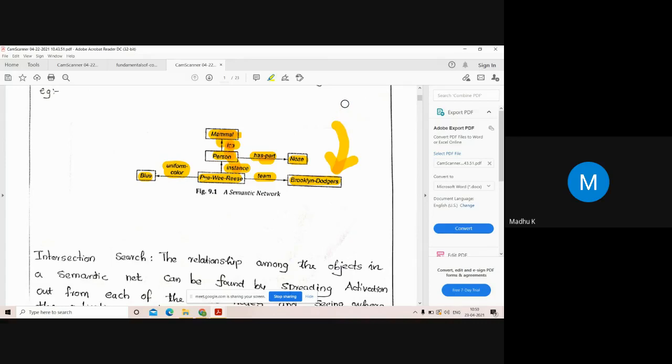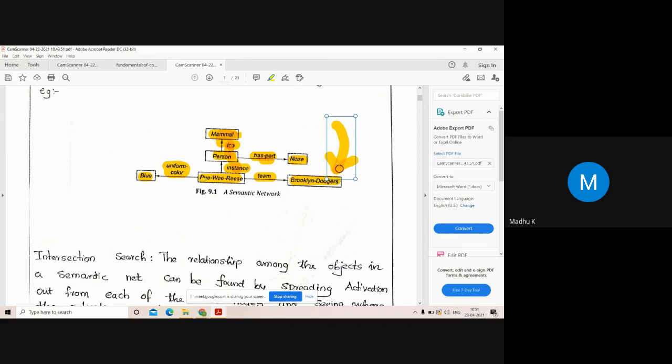You can use a cricket team name etc. Brooklyn Dodgers is a baseball team name in America, the most popular game in the US.